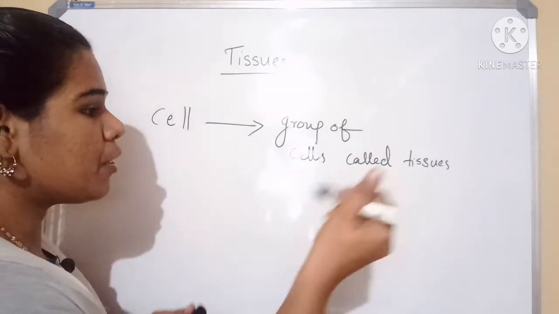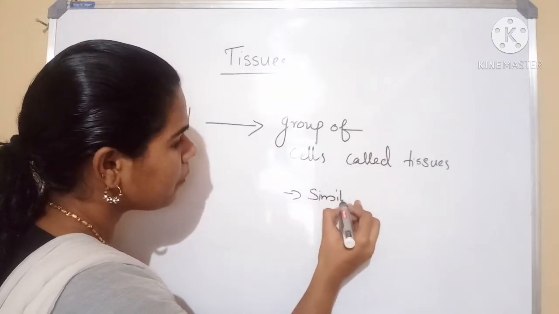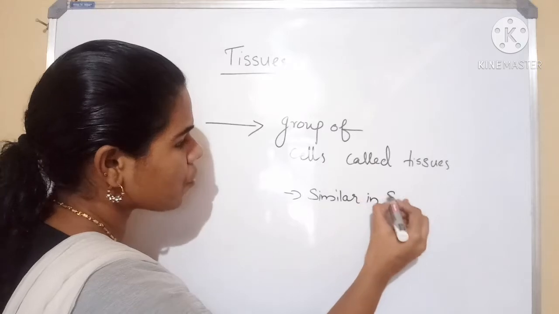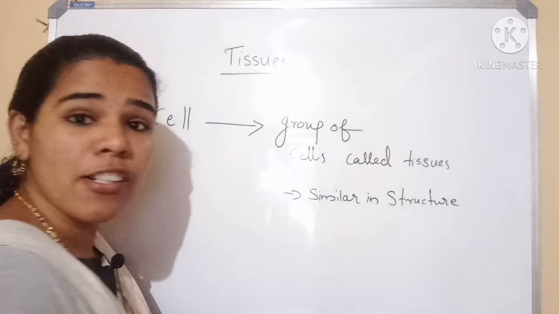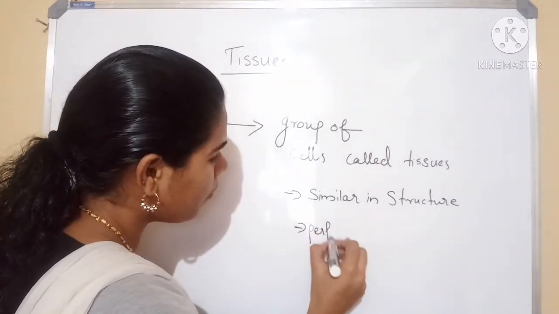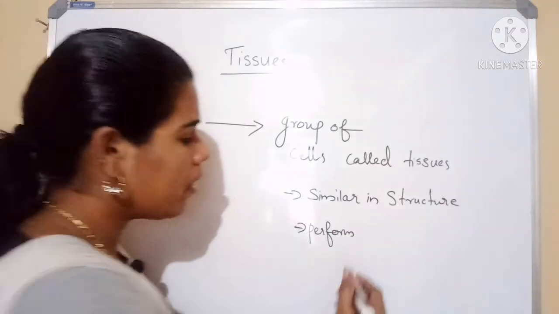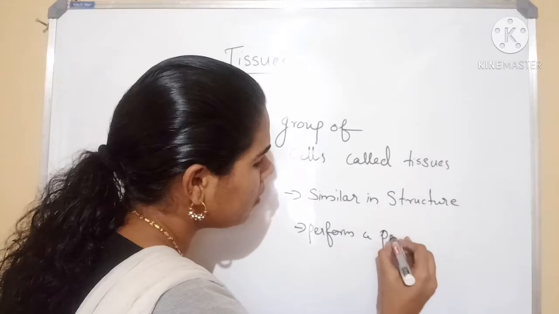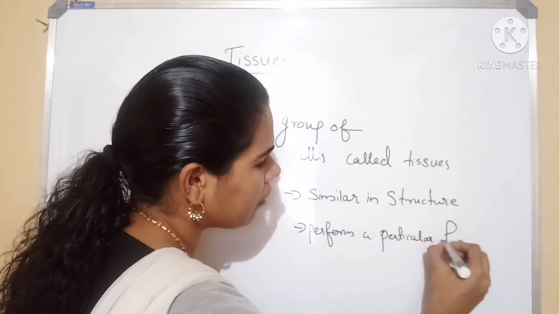So tissues are similar in structure, and work together to perform a particular function.